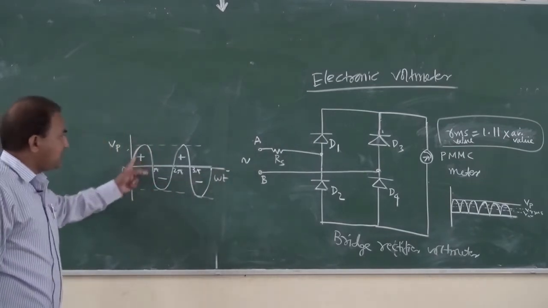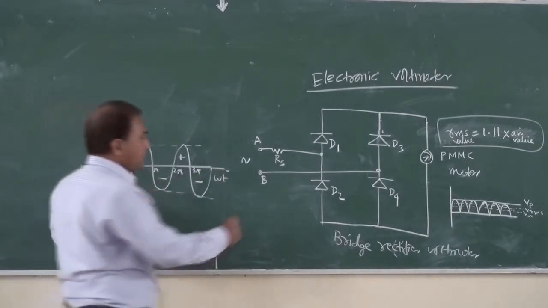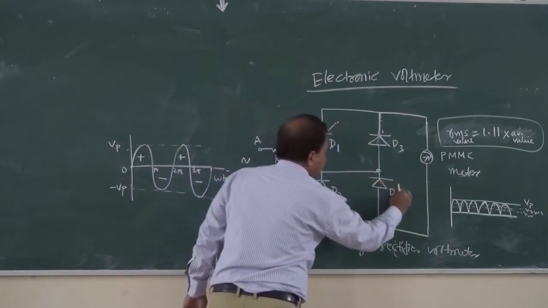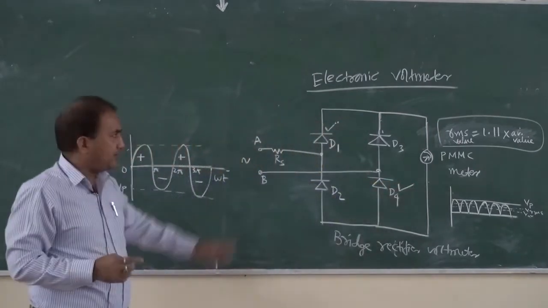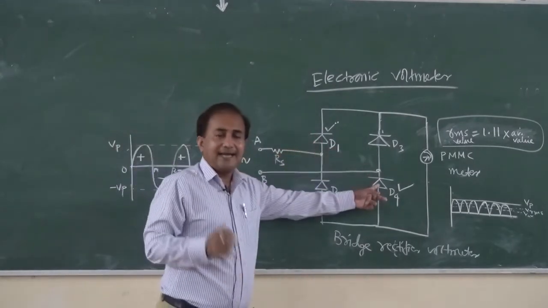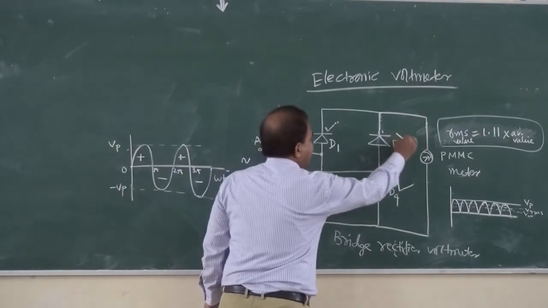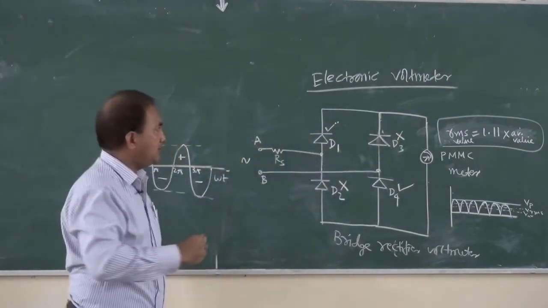So during the positive half cycle, diodes D1 and D4 conduct, whereas diodes D2 and D3 do not conduct, okay.